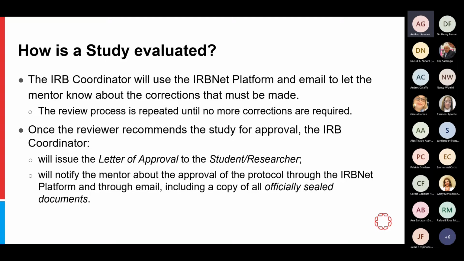Si van a llenar un formulario, dónde se va a recoger, cómo se va a entregar, si va a ser en un sobre sellado, si el participante cuando termine lo va a poner en ese sobre, lo va a cerrar y lo va a entrar en una urna que va a estar en el salón. Todo eso tiene que explicarlo con lujo de detalle. Perfecto. Muchísimas gracias, profesor. ¿Cómo no?